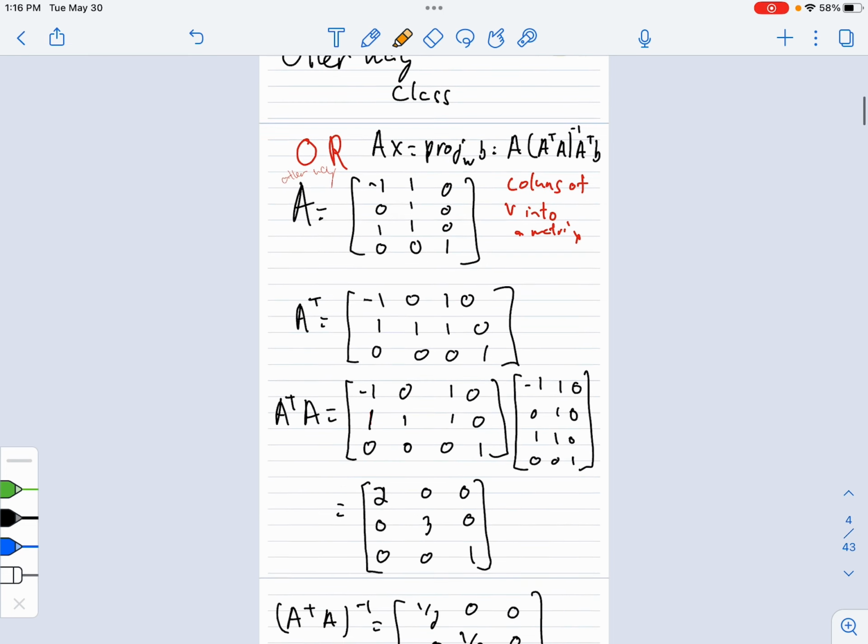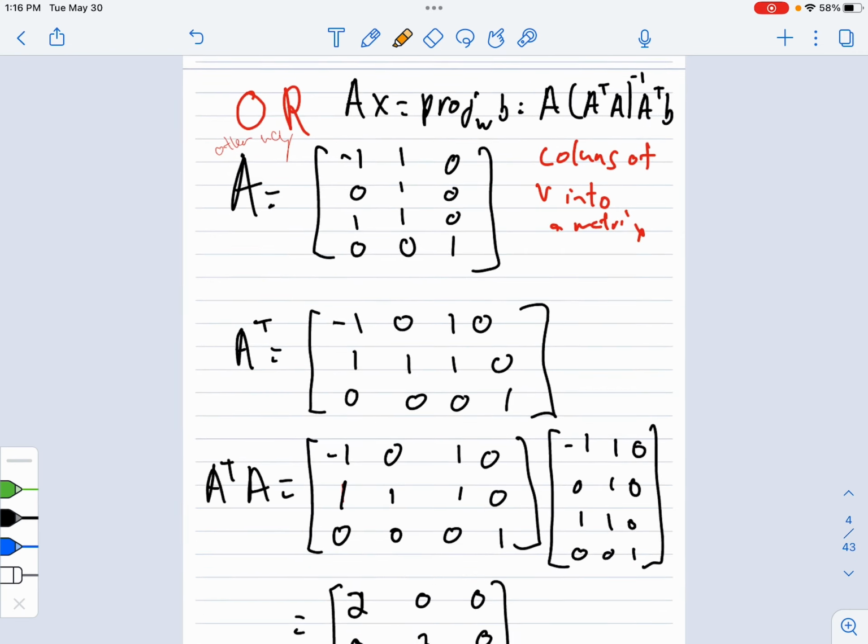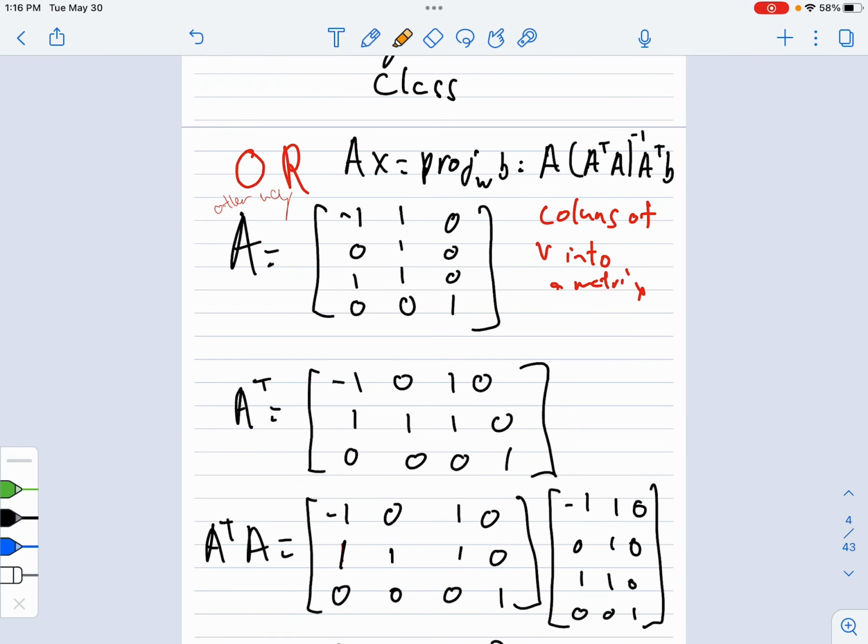Now, there's another way to do this, which is using matrices. The projection of B onto a subspace W is equal to the matrix A times (A transpose A) inverse times A transpose B, if the inverse of A transpose A exists, of course.